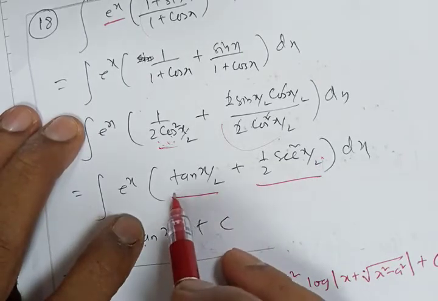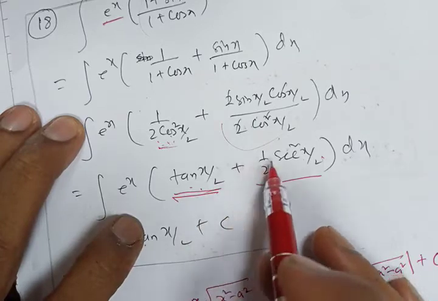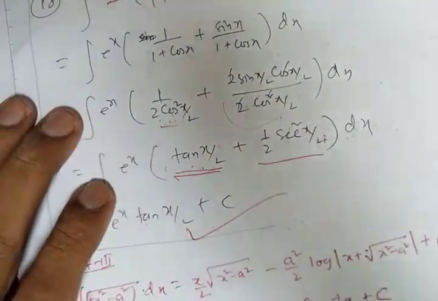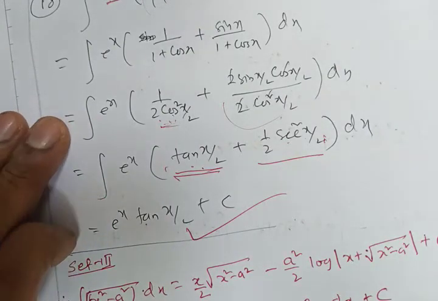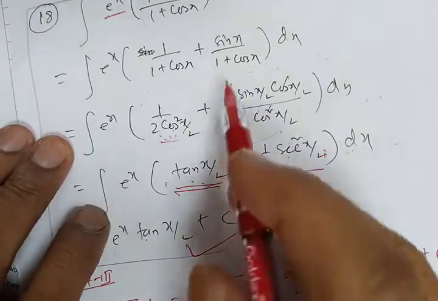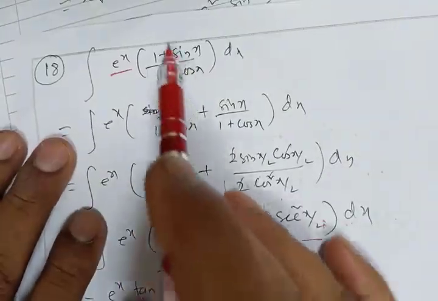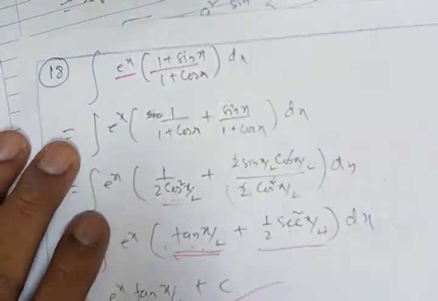So you know, if f(x) is tan x by 2, then the differentiation of tan x by 2 will be 1 by 2 sec square x by 2. Then the answer will be this. So very simple. Remember this formula, and we can use it. If this type of question comes, it will be 4 marks. It is not given directly. We have to change this into the form of f(x) plus f'(x).